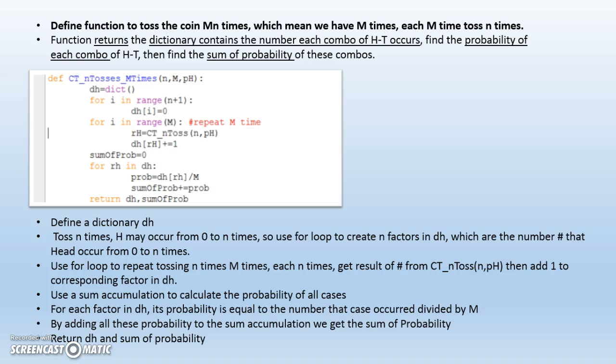For each key in the dictionary, the probability equals the number of times that combo occurred divided by n, and then we add this probability to the sum accumulation. Then we get the sum of probability. Finally, we return the dictionary dh and the sum of all probabilities.